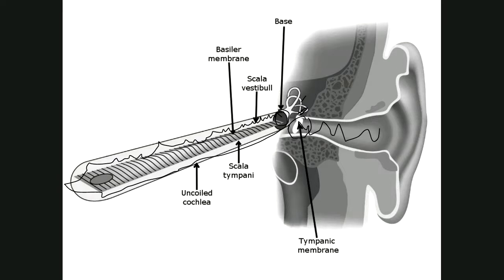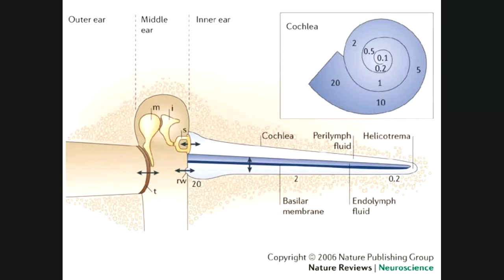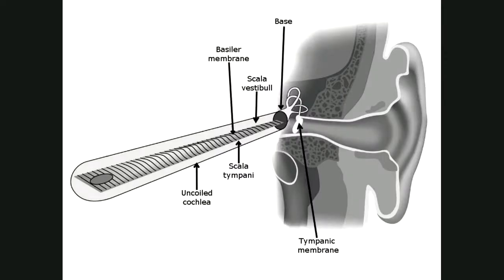Well, remember we have membranes in here. And there's this membrane right here, which is called the basilar membrane. Well, the basilar membrane is different in different regions. It looks like this. So close to the oval window right here, this is a very narrow and stiff membrane.